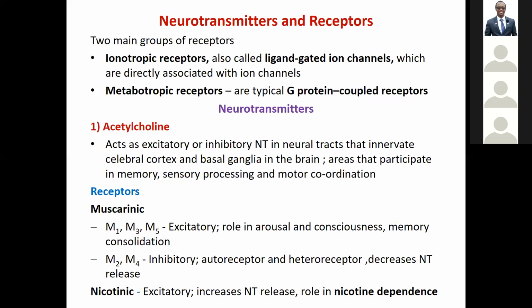For example, epinephrine can lead to an increase in the breakdown of glycogen so that there is more energy, which is not a sympathetic nervous system effect. So it could be a different action altogether. Do we have any questions up to that point between ionotropic and metabotropic receptors?